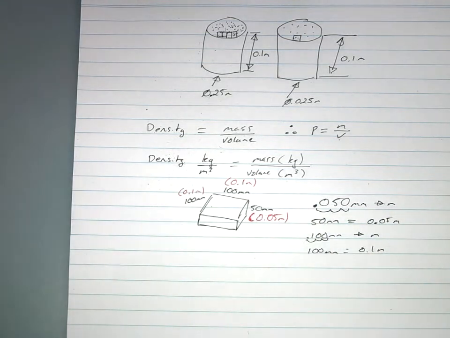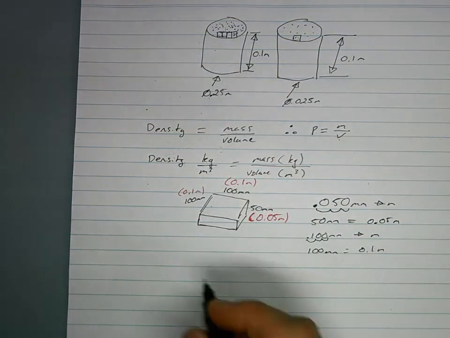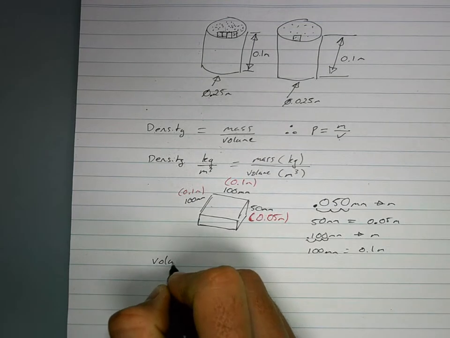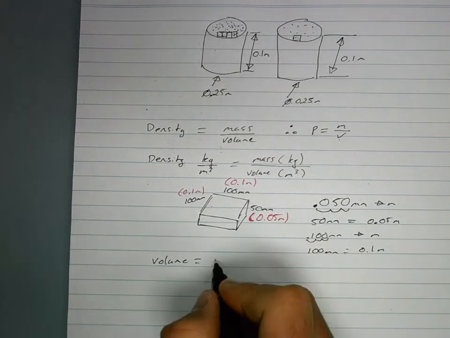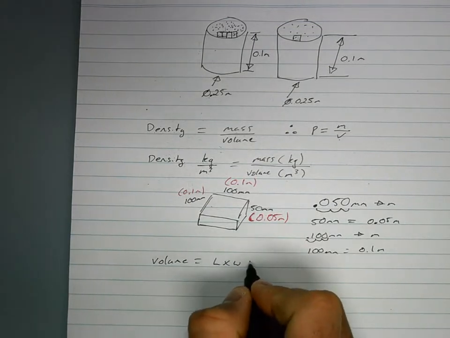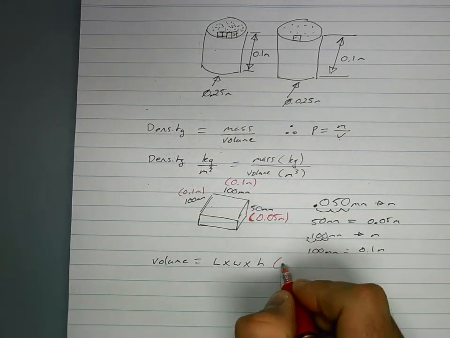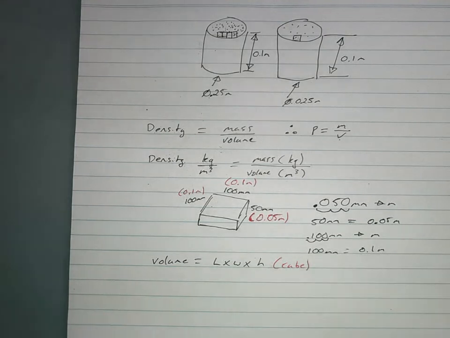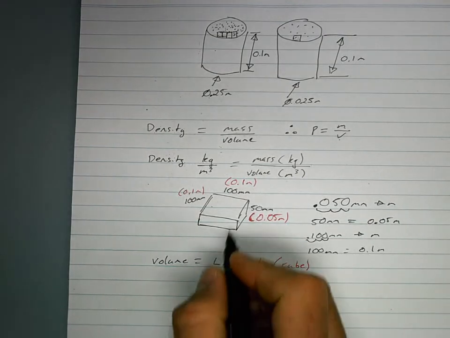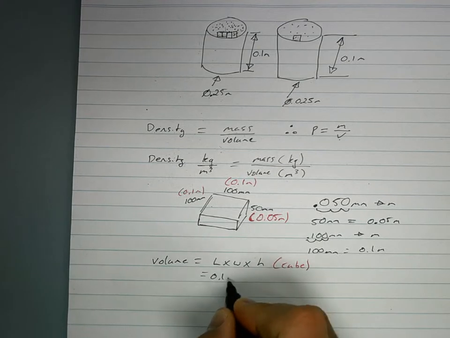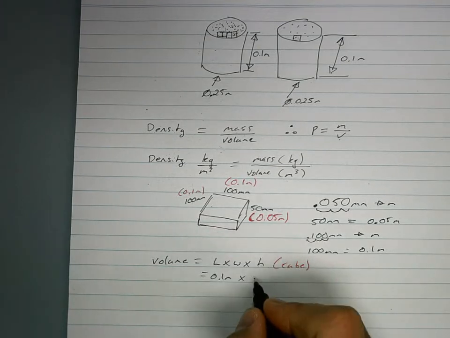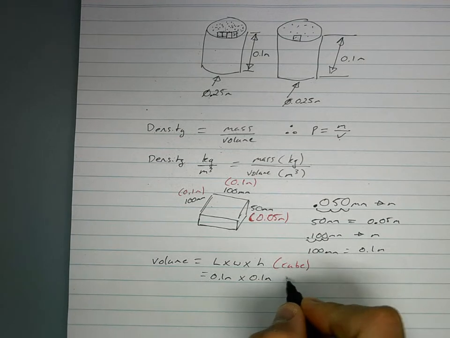Okay, so now let's calculate our volume. Volume is equal to length times width times height, and that's for a cube. Length is 0.1 meters times the width times the height.